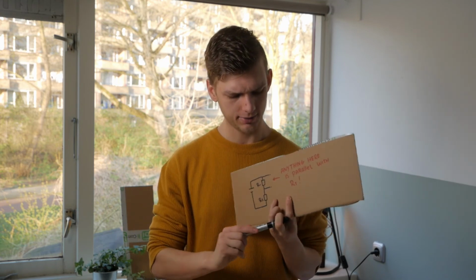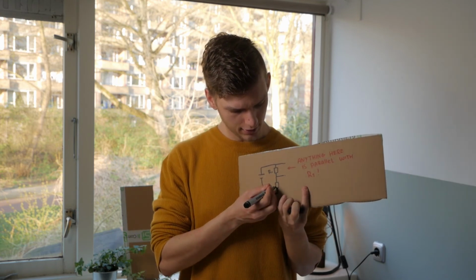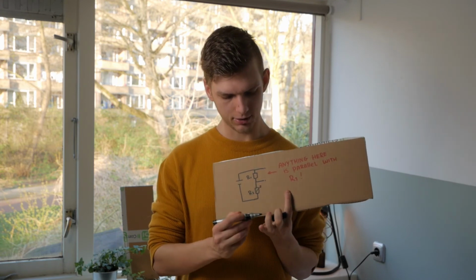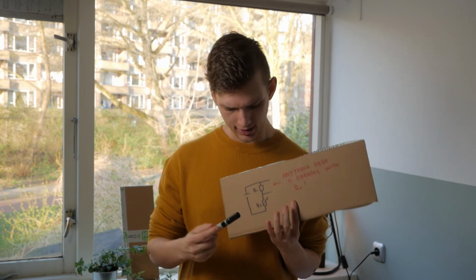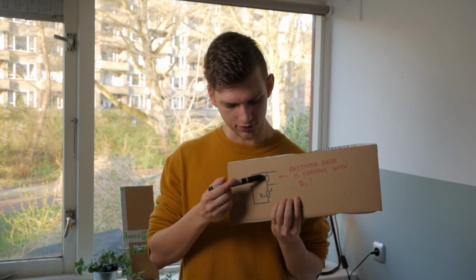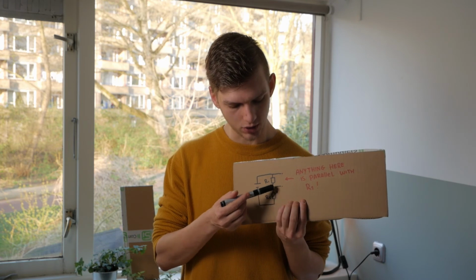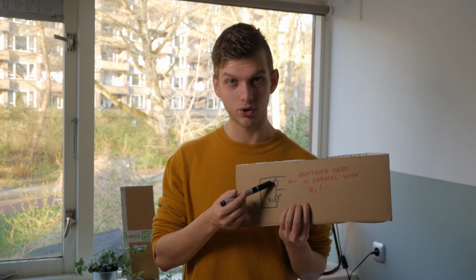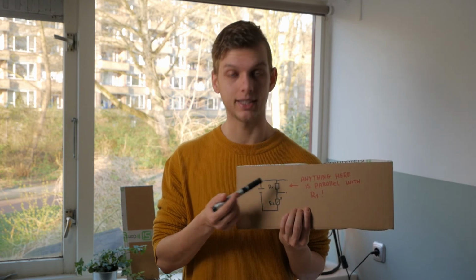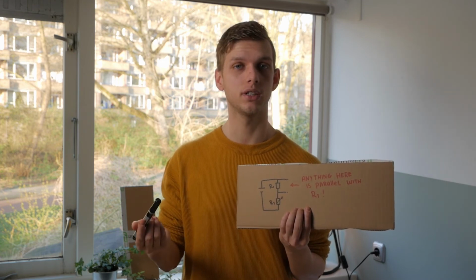So let's make that a variable resistor. There we go. And now we can change this resistance. And so the splitting of the voltage will either prefer this one or this one. So the voltage will go up or down. We can also make this one a variable resistor, of course.